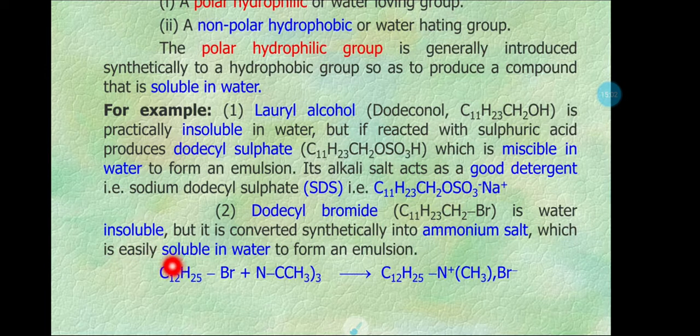So the reaction is C12H25Br, dodecyl bromide, reacting with trimethylamine, a tertiary amine. So here a quaternization reaction is taking place.